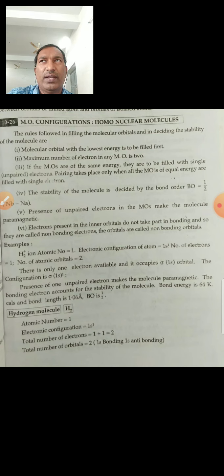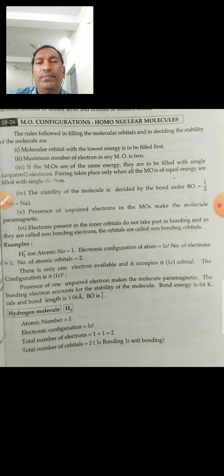Of two molecular orbitals, one has lowest energy and the other highest, so the lowest is filled first. Next, the maximum number of electrons in any molecular orbital is 2.